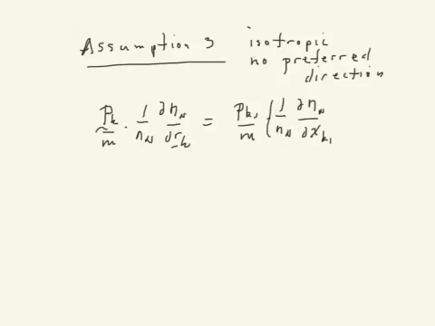And now this is simply a product of the x direction, and then the second term would be the y direction, which we could call p_k2.